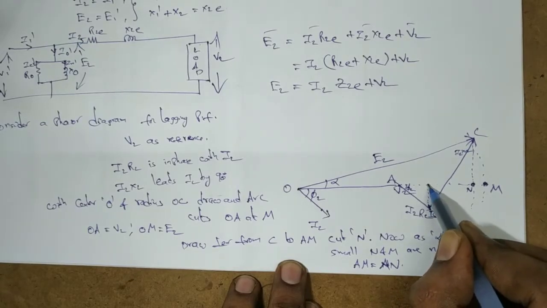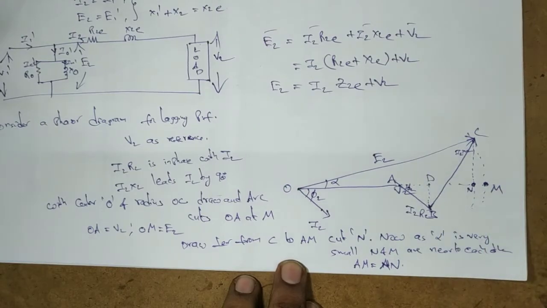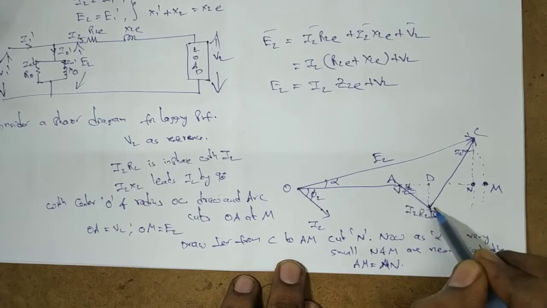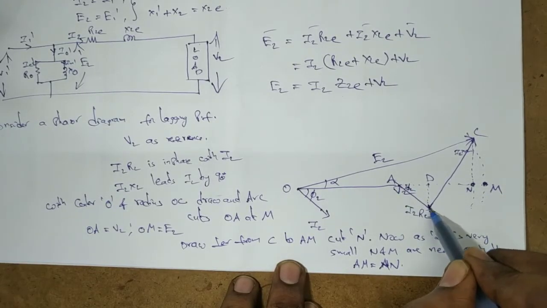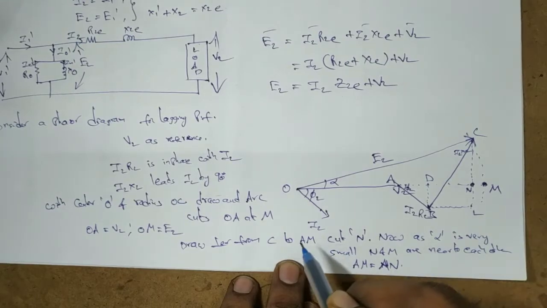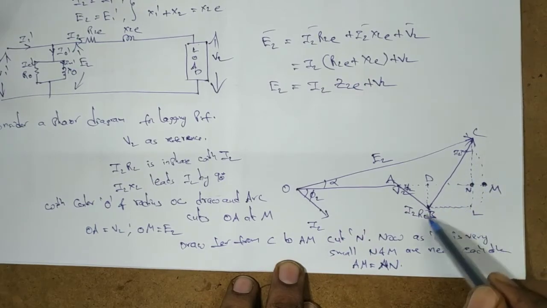For that, let us draw a perpendicular from point B onto AN and place a point D. Why? Because we have to obtain the triangle ABD. In the same fashion, from point B, draw a line parallel to AM that cuts the line coming from C at point L. Why?